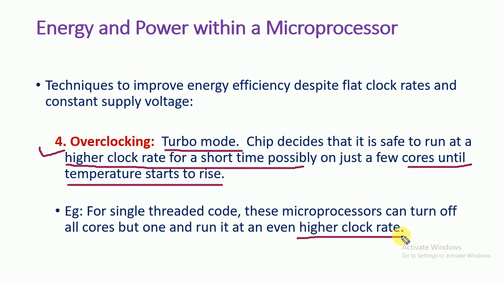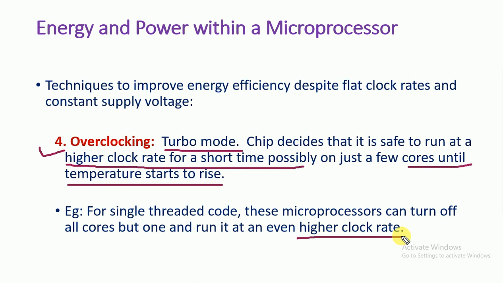But now if we have only one thread being executed at the same time, we need to give a higher clock rate for that single thread alone. All other threads are not active now, so give a higher clock rate so that we can very quickly complete the task and come back to the normal clock speed. And for all other operations, the clock rate will be reduced to some smaller range only.